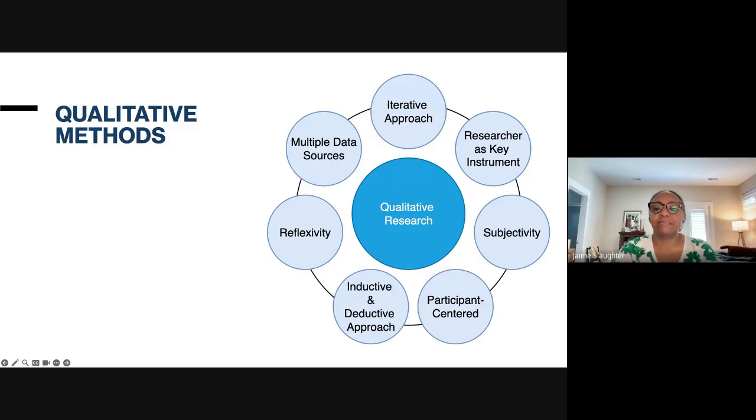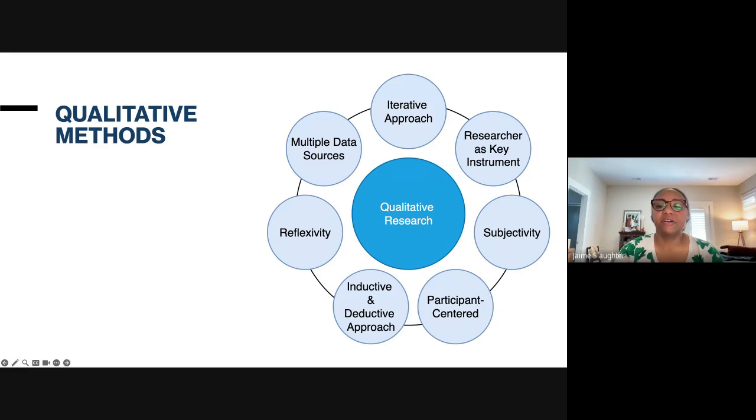It allows us to capture insights into participants, not just their experiences, but also their behaviors and even emotions, right? So it also helps us to do contextual exploration.